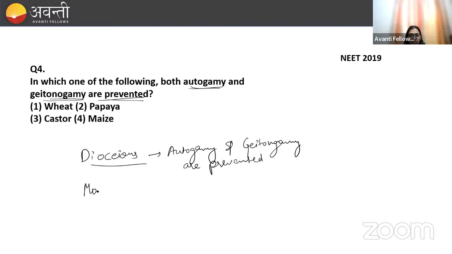In case of monoecious, autogamy is prevented, but not xenogamy.